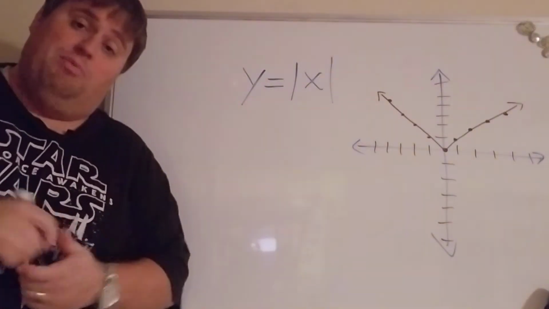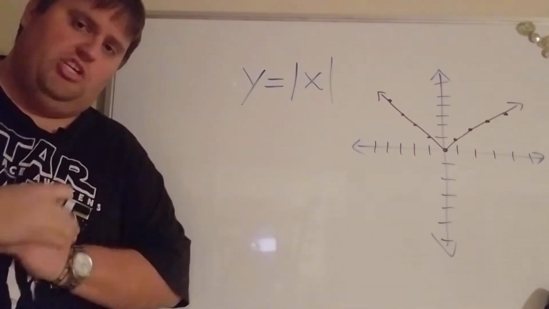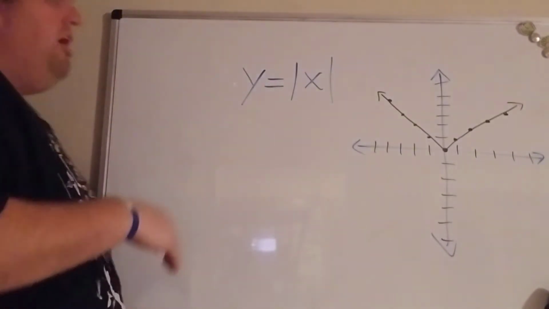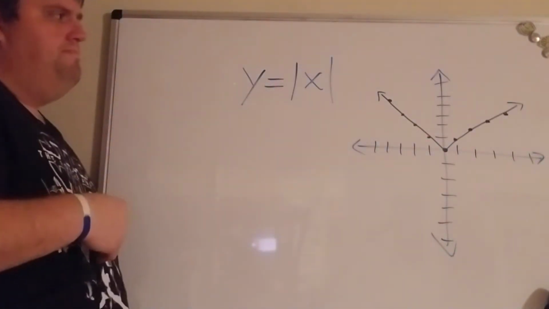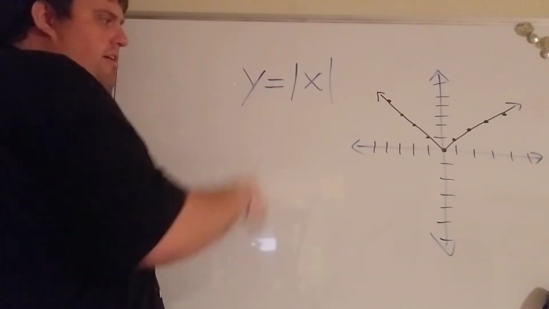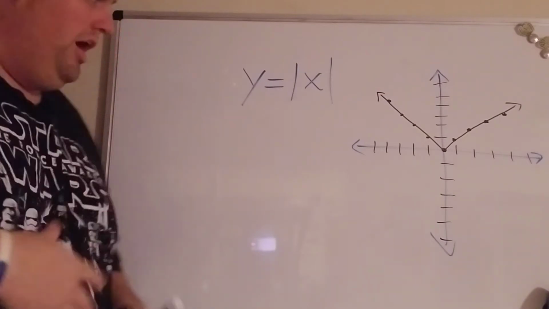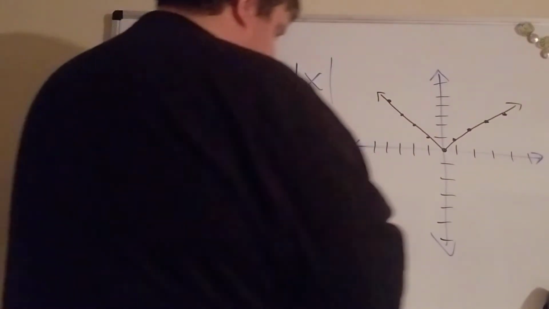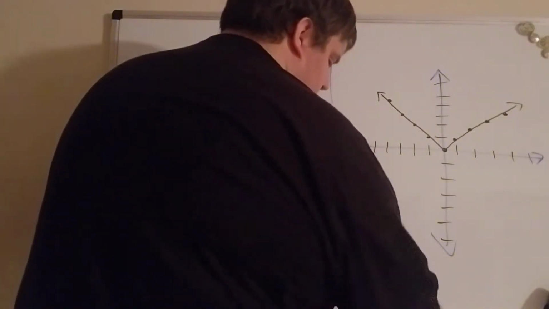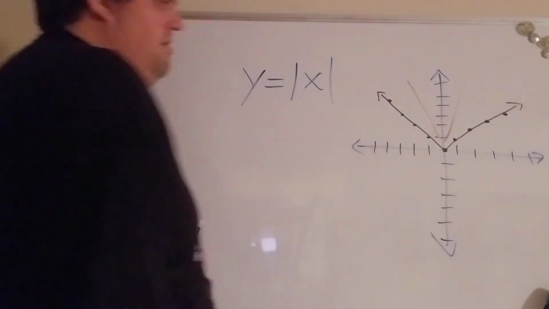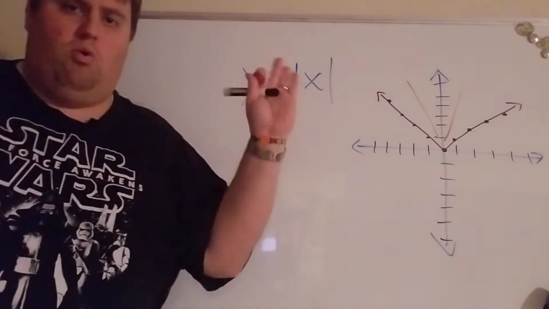So our parent function is going to look like this. What kind of things can happen to that parent function that are going to shift and slide it all around? Well, we talked about stretches already. If there's a number in front that's greater than 1, it's going to make it go up steeper, like this, at a quicker rate.